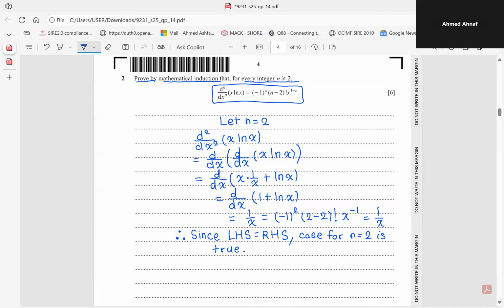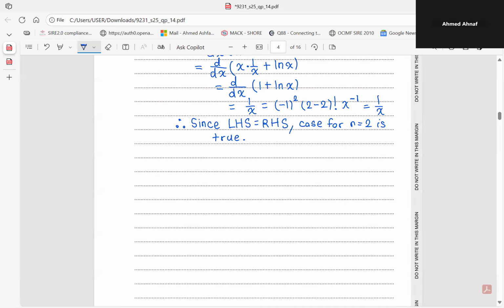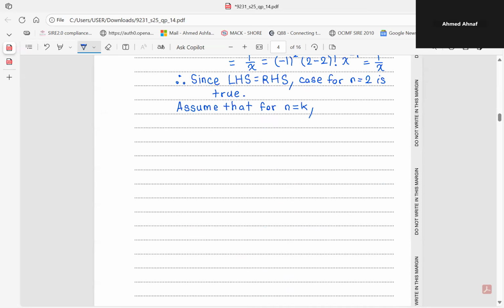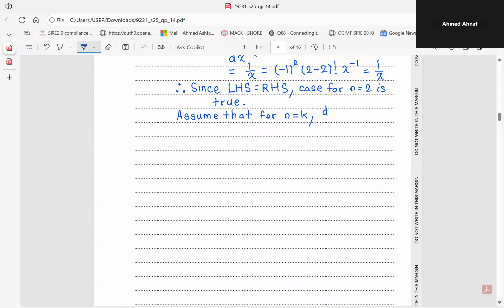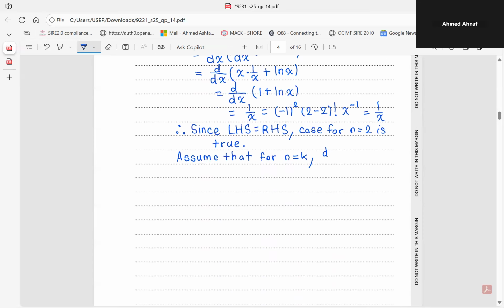Okay, now we are going to make the assumption. So we're going to assume that for n equals k, the above statement is true. So just write it down. Just replace all the n's with k.